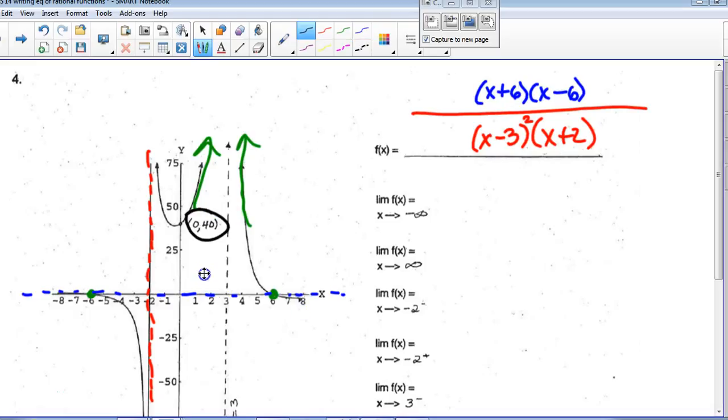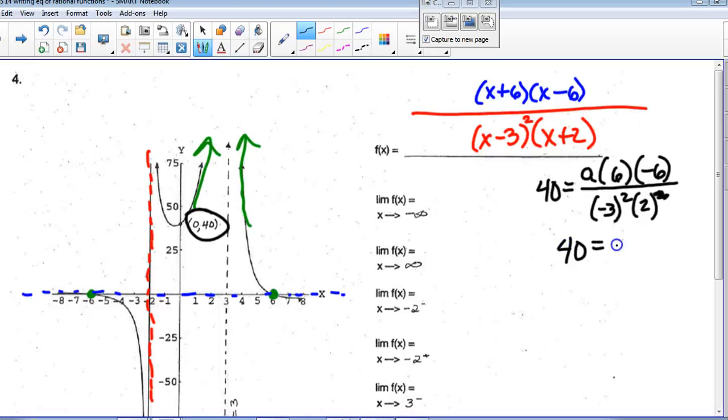We gotta try this stretch business. Okay, we get out of 40 if we put in a 0. 0 plus 6 is 6, 0 minus 6 is -6. 0 minus 3 squared, 0 plus 2, oh, not squared, just kidding. -36a over 18, which is?